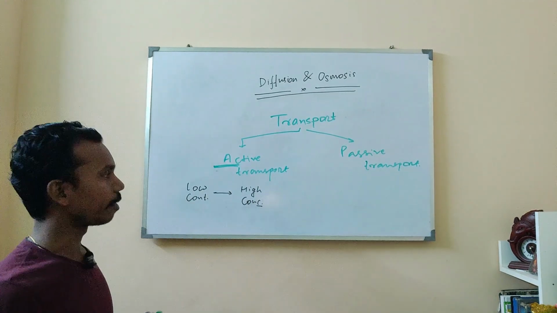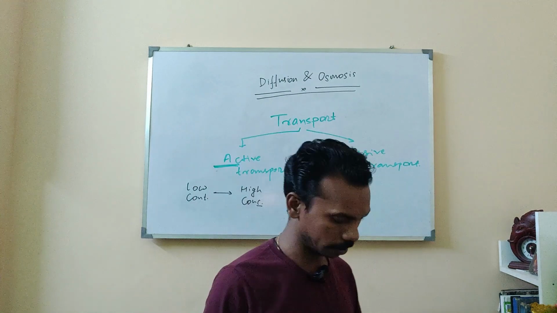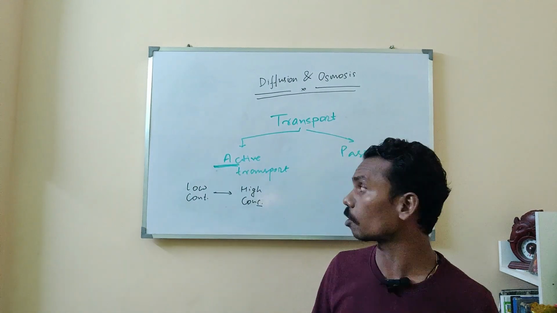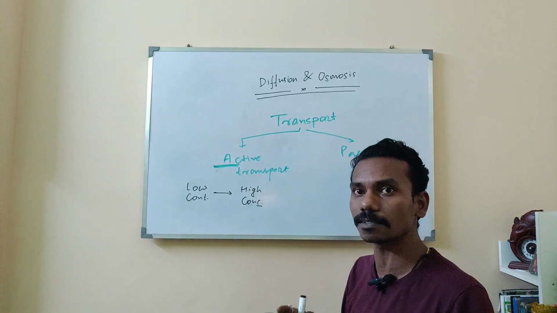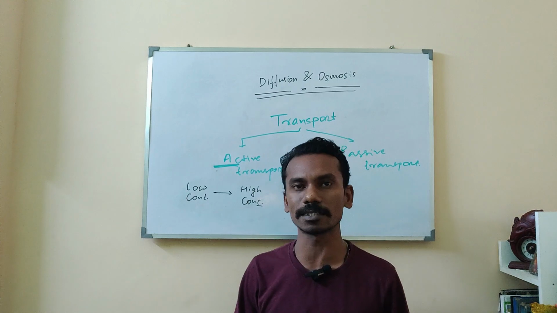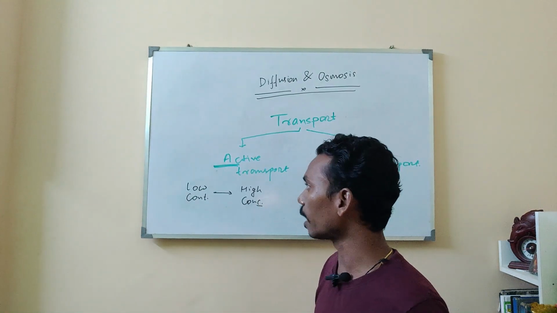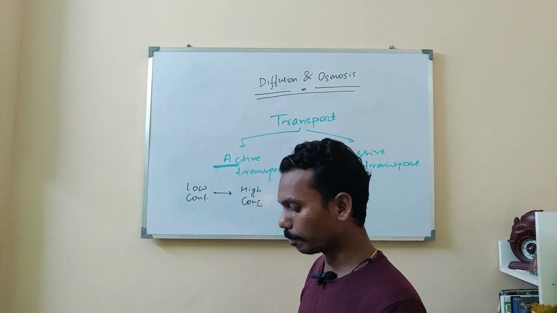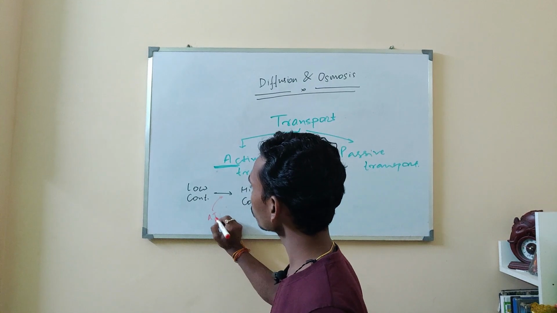You can say that the substances, whether it is solutes or any other substance, the solutes are basically moving from the low concentration region to high concentration region, and it is a kind of movement in which you can see that the solutes are going to move against the concentration gradient. That is why the requirement of ATP can be seen here.